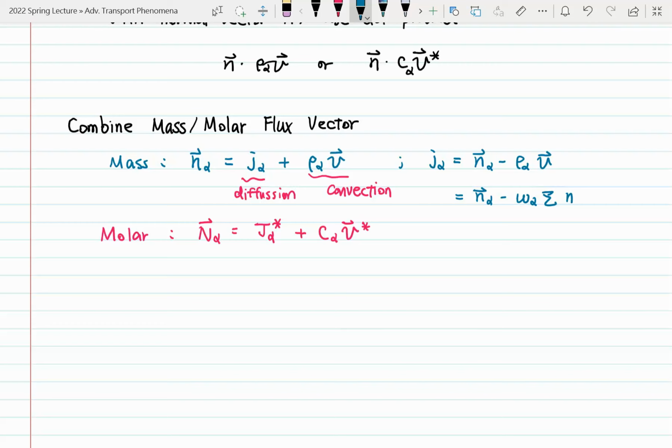Times the overall flux, right? And similarly, for the molar units, we can get J alpha star equals to N alpha minus C alpha V star, which equals to N alpha minus the mole fraction of alpha and summing up all the other fluxes.